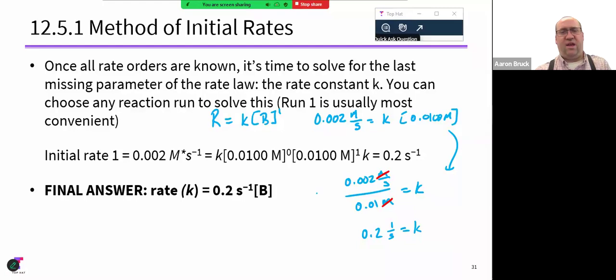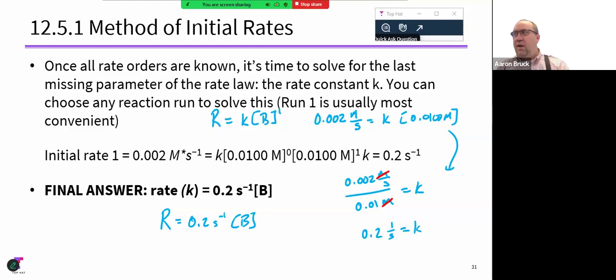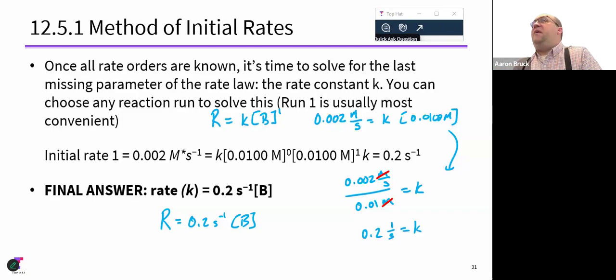So if I put it all together now that I have this value of K, then we get R is equal to 0.2 reciprocal seconds times the concentration of B. Now, one thing that you will notice out of this: you can always tell the overall order of reaction based upon the units of the rate constant.